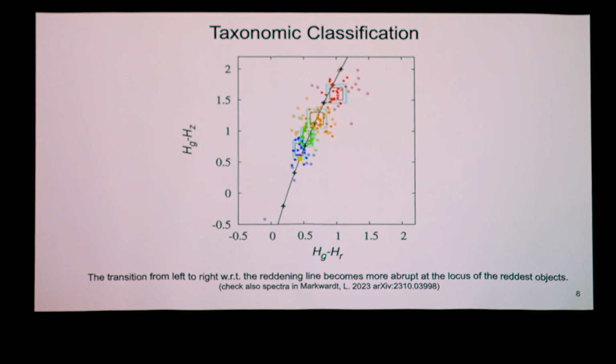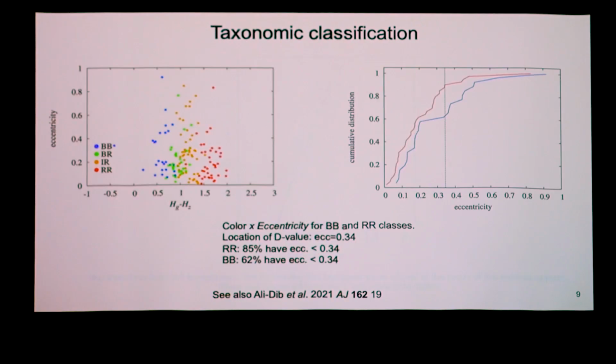This is a color plot with the taxonomical classes color-coded from blue to red, and this is the reddening line. One thing that's interesting to note here is that it seems there is a smooth transition from the left part of the reddening curve to the right one for these three classes, whereas for the red ones, the departure seems to be more abrupt with respect to this set of displacements here.